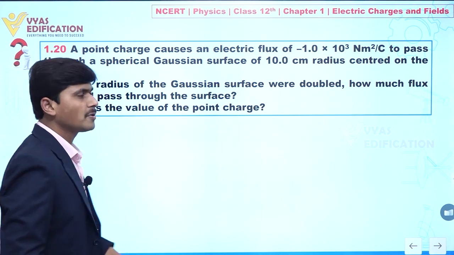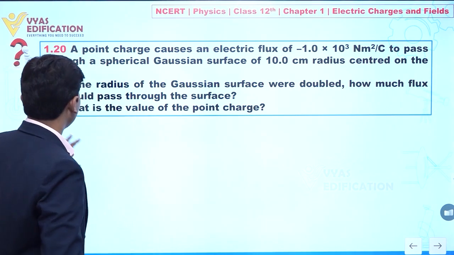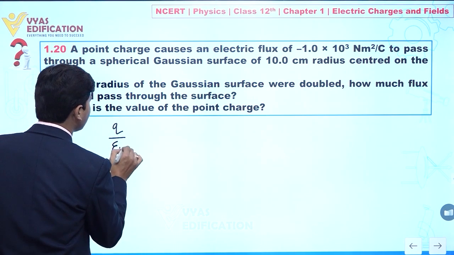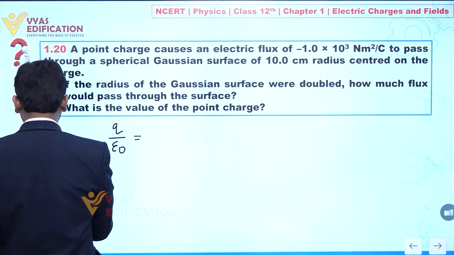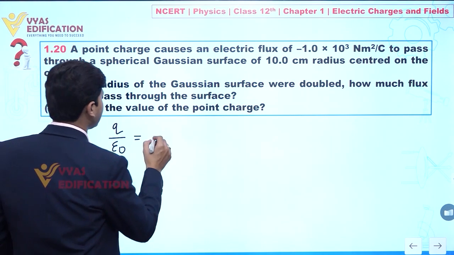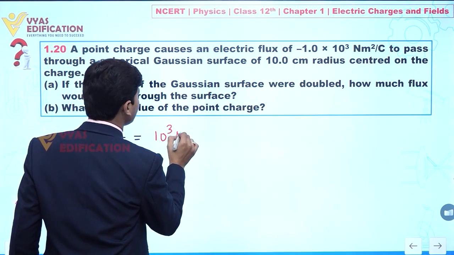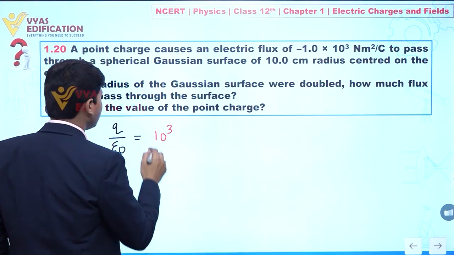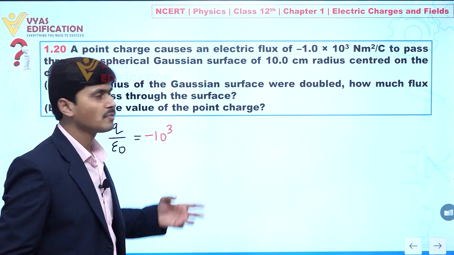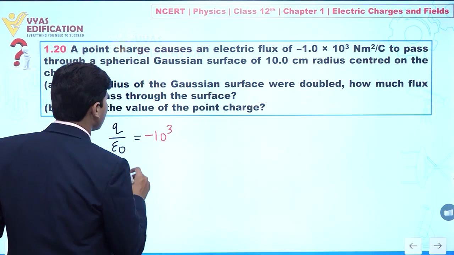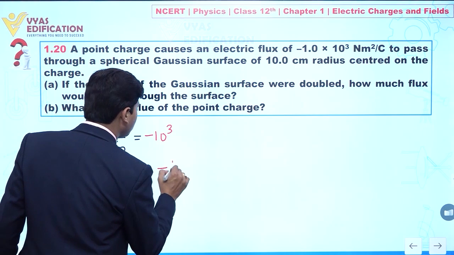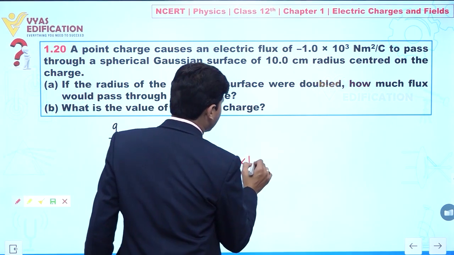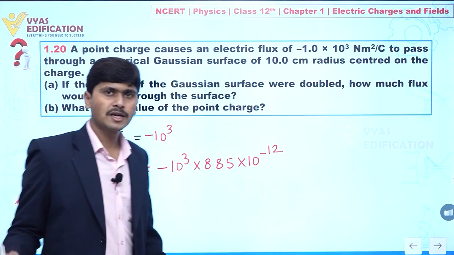Now if we talk about part B, what is the value of the point charge? We can write q by epsilon naught is equal to 10^3, because this is the value of flux. Here we take minus because it is given in the question. So q equals minus 10^3 times 8.85 × 10^-12.